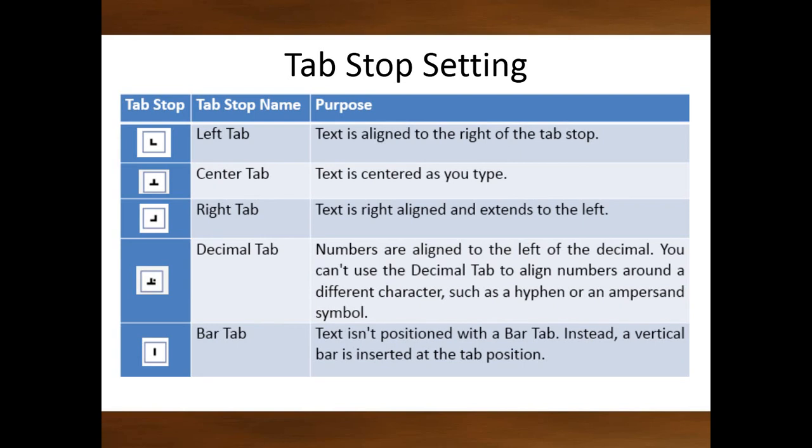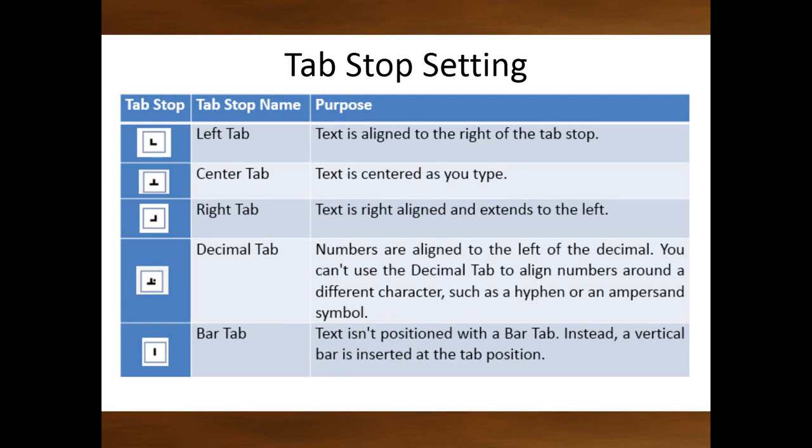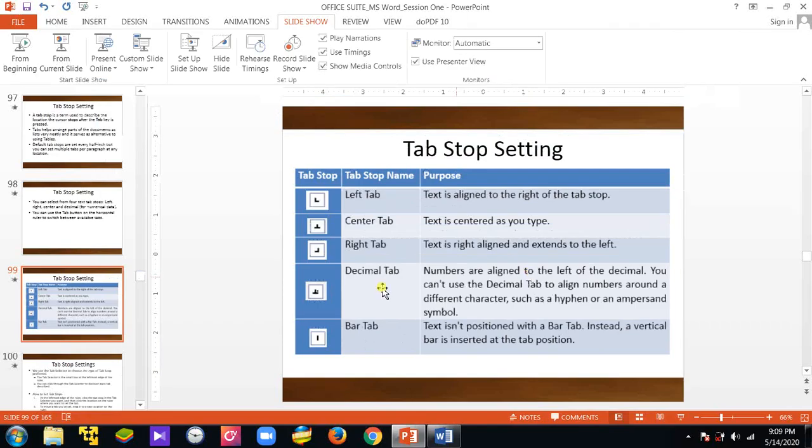Finally, we come to the bar tab stop. The text isn't positioned with a bar tab. Instead, a vertical bar is inserted at the tab position. So let us have a demonstration of all that we have discussed.